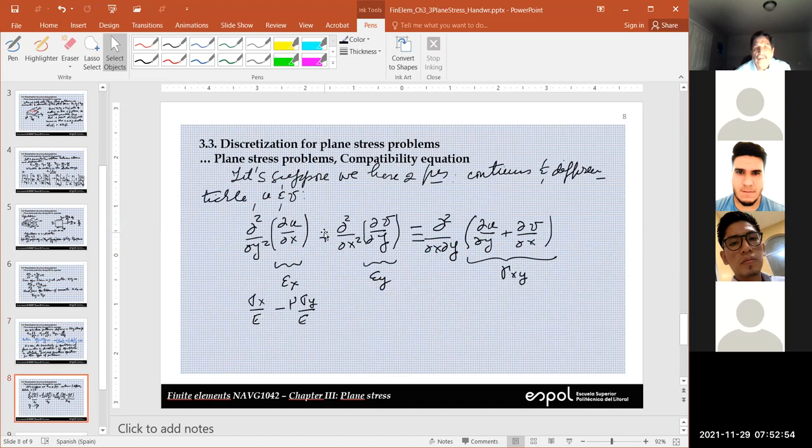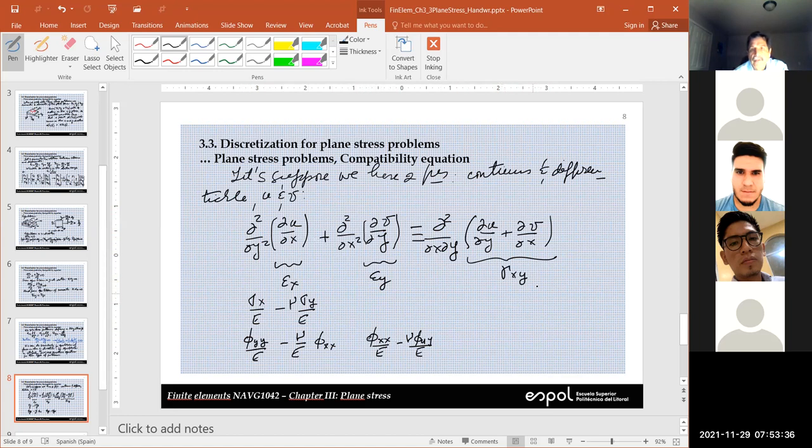And now let's replace the definition of Airy's stress function. So instead of sigma x, we're going to write the second derivative over E. This is minus nu over E. It's going to be the second derivative with respect to x. This one here is going to be phi xx over E minus nu phi yy over E. And remember that these two terms are differentiated twice with respect to y in this one here, twice with respect to x.